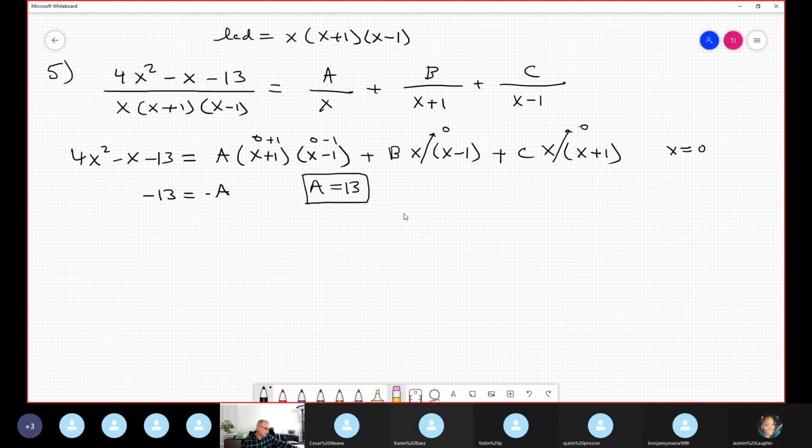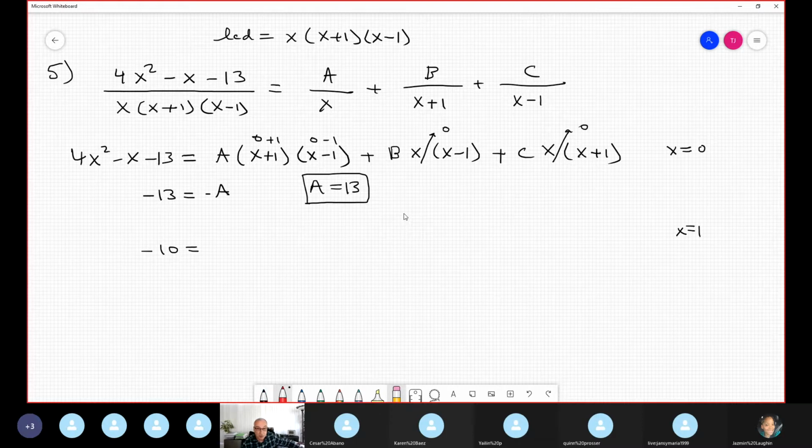Suppose now another smart value, 1. When you plug in 1 here, we have 4 minus 1 minus 13. 4 minus 1 is positive 3, minus 13 is negative 10. And this is gone. Let me use another color.